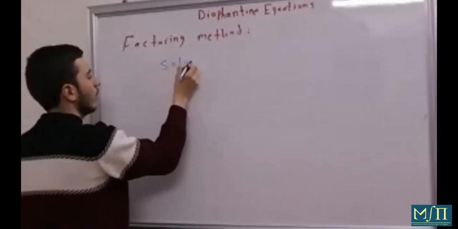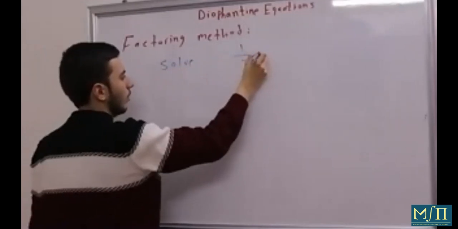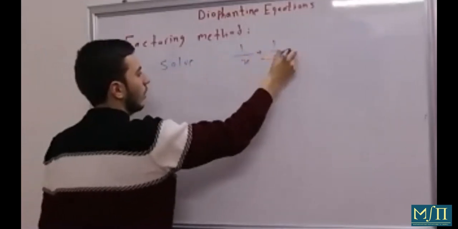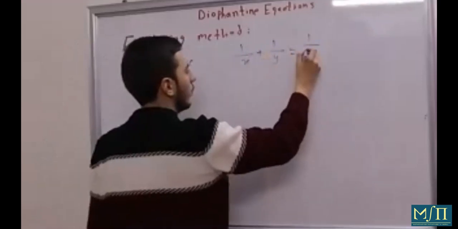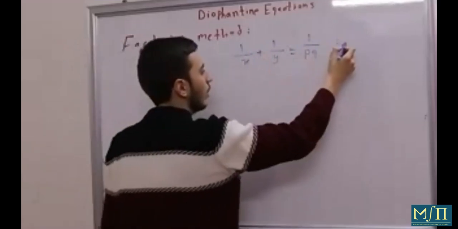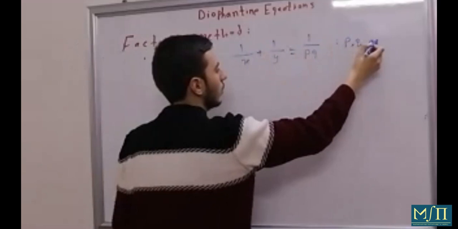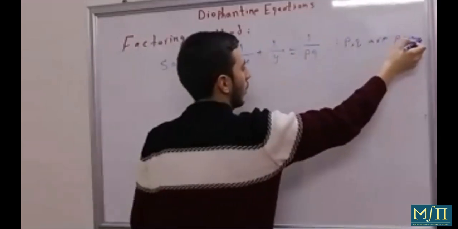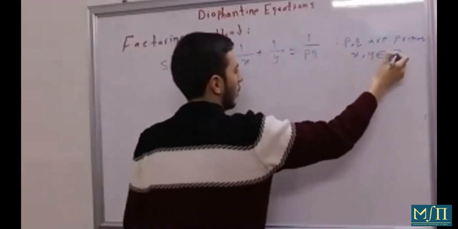Solve 1 over x plus 1 over y equals 1 over p times q. But we're given that p and q are primes and x and y are integers.